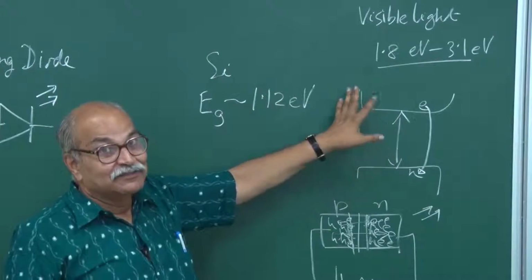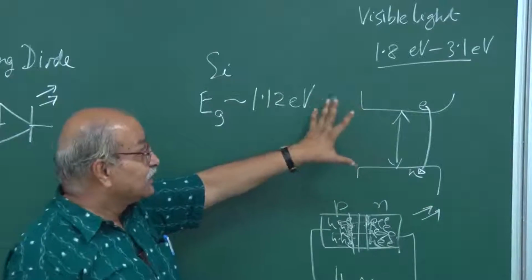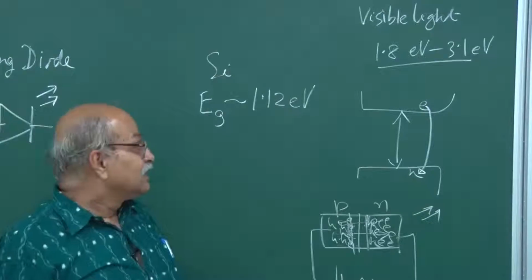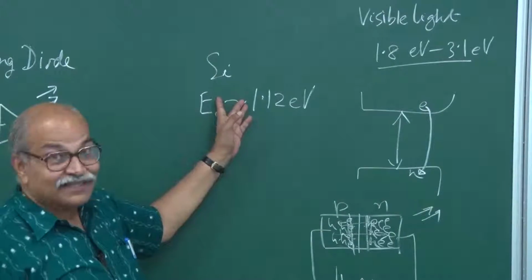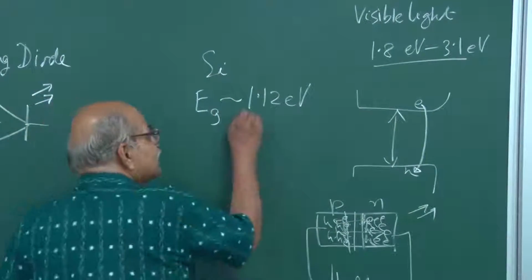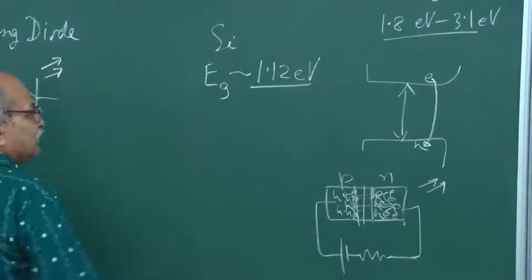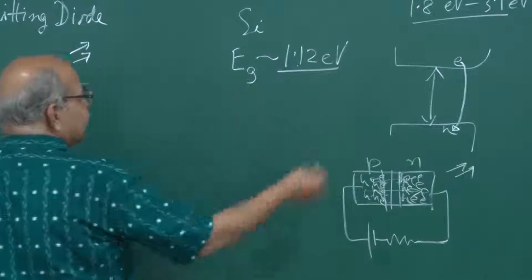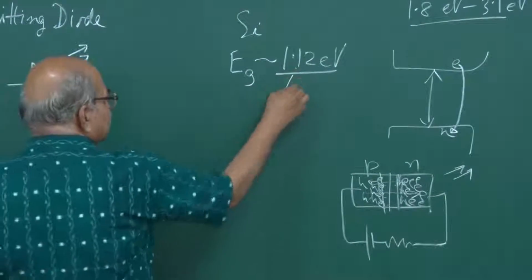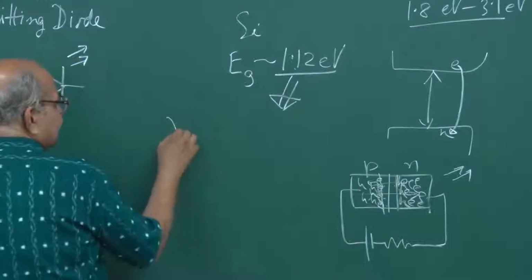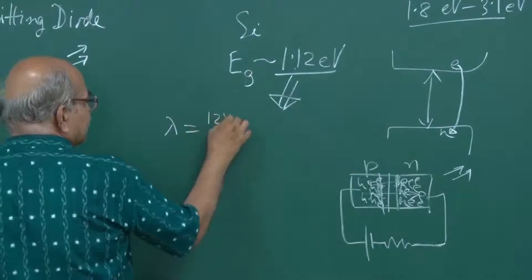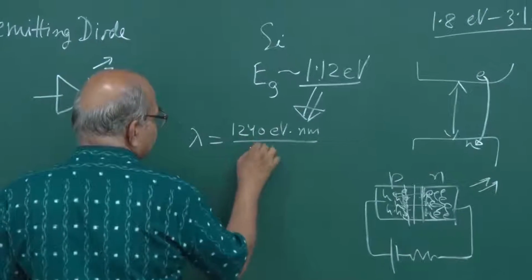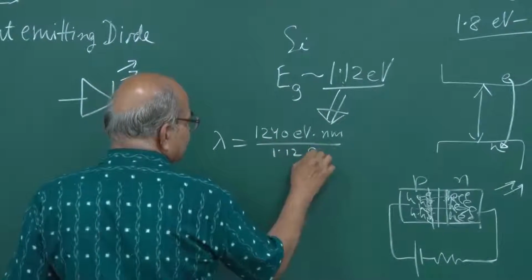But a more severe restriction comes from something else. If I have a silicon p-n junction with this energy gap, I can calculate the corresponding wavelength of the photon. That wavelength will be, once again, 1240 eV nm divided by 1.12 eV.